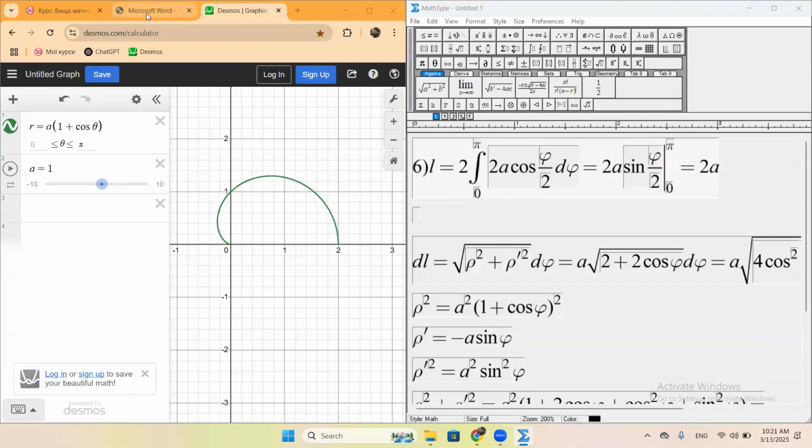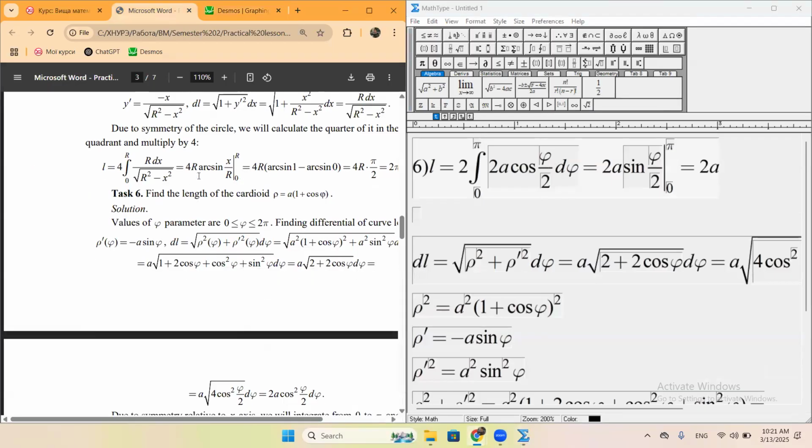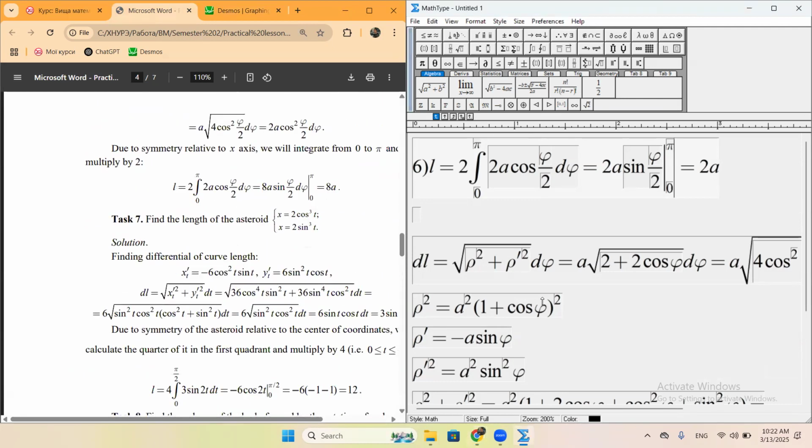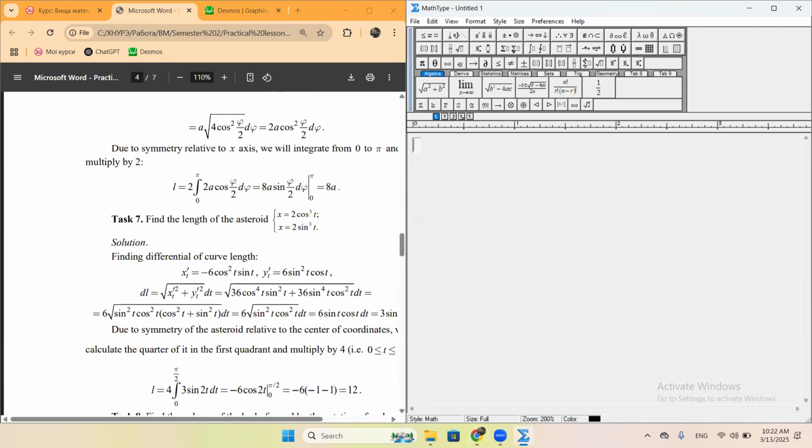Okay, if no questions, let's solve one more exercise with the length of the curve, and then we will have a break.